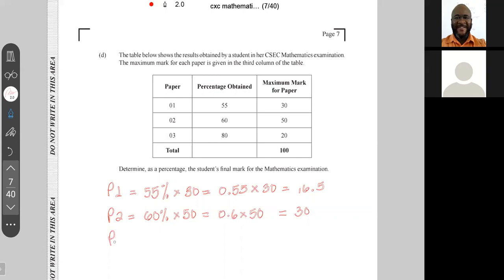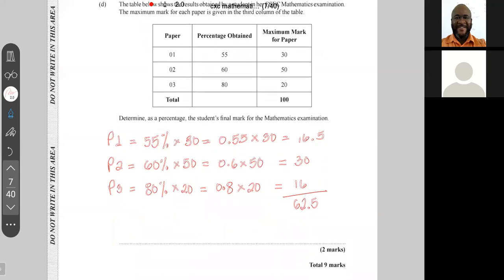And for paper three, she got 80% of the 20 marks. So this is 0.8 times 20. And I think that is 16. So in total, she got 62.5 marks out of 100.